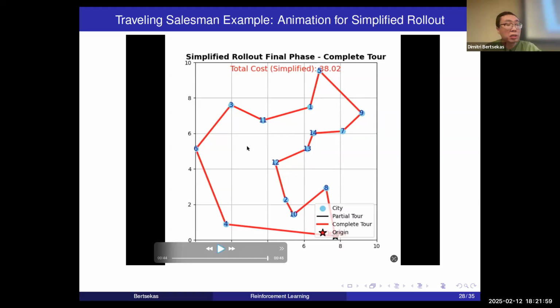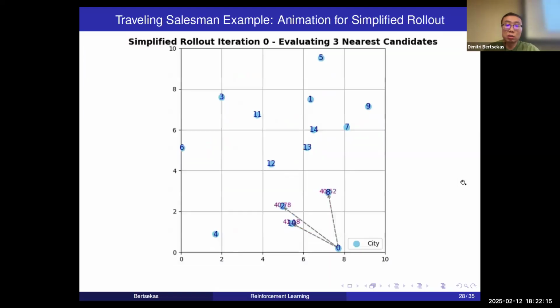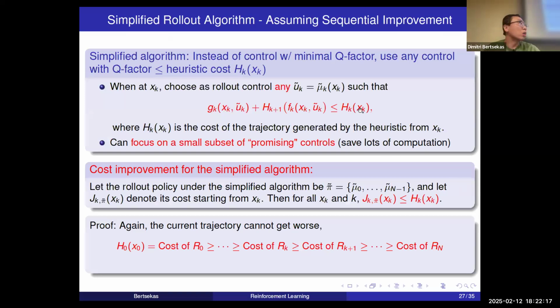Now, a question here is, what I have done is choose the top 3 nearest city and evaluate their Q factor. Does this construction satisfy what I described earlier, which is this inequality?